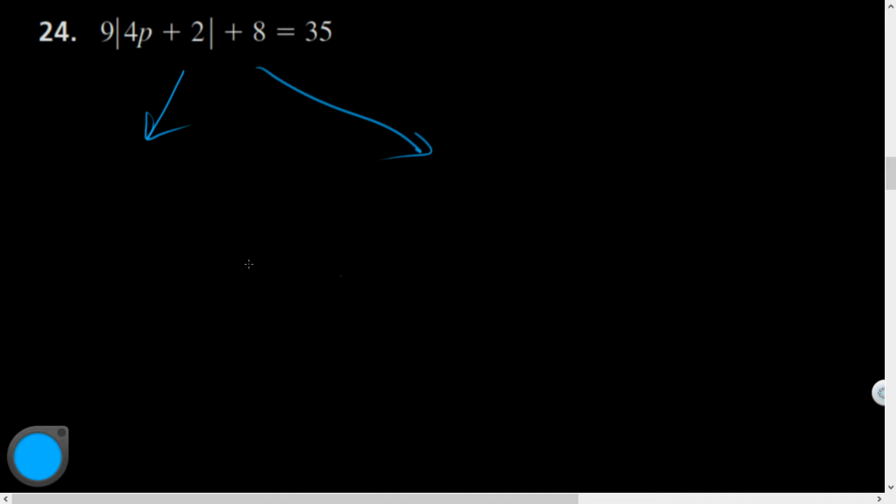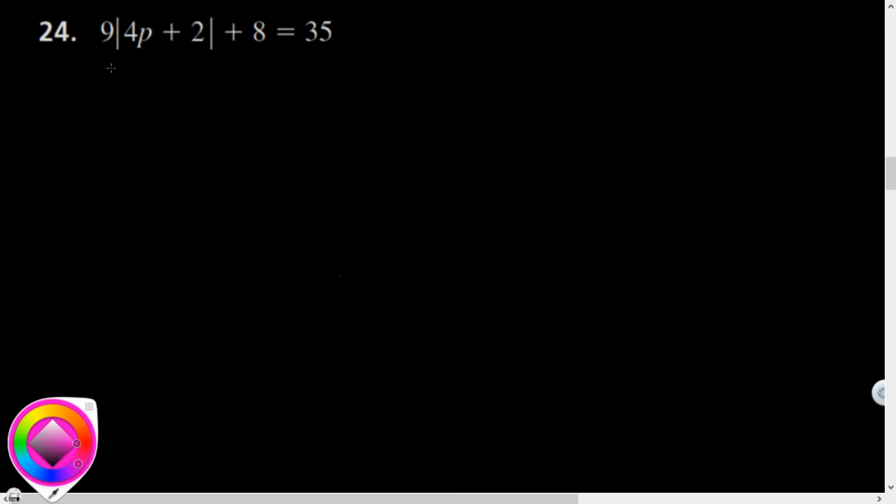Not yet. Not yet. I don't break this up until I get the absolute value by itself. And so, Devin, what I'm going to do is pretend this absolute value is my variable. Imagine that was x, and this just said 9x plus 8. I want to get rid of that 9 and that 8 first.